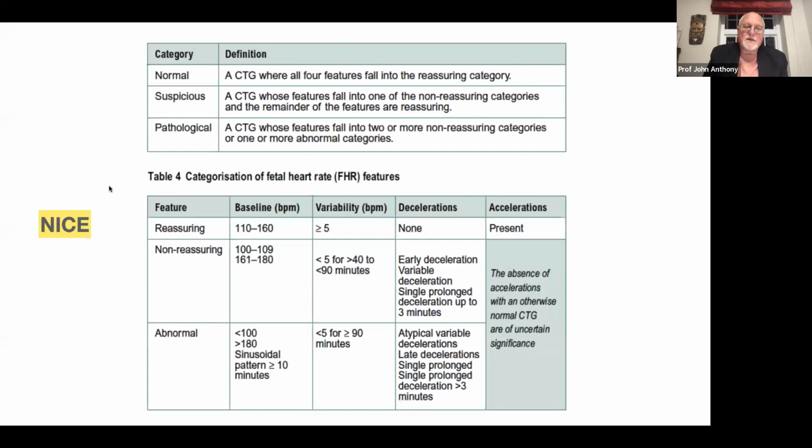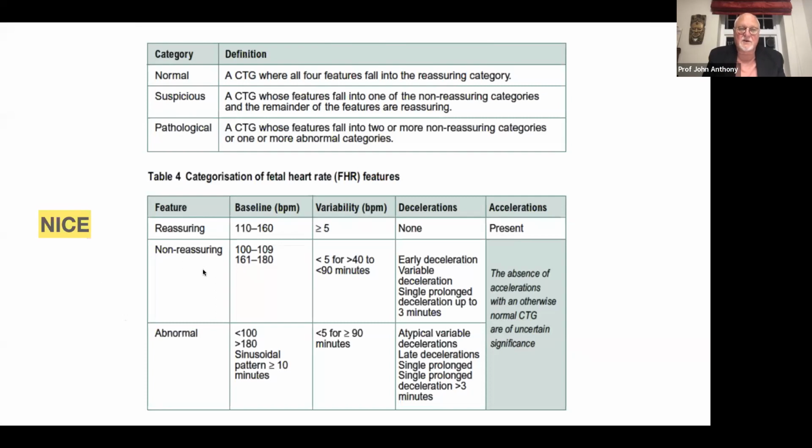Now, the second part of this table says, what are you looking at? You're looking at the baseline, the variability, the decelerations and the accelerations. Each of these features may be reassuring, or non-reassuring, or abnormal. There's a lot of loose talk that you will hear, people saying it's a non-reassuring tracing. That kind of language doesn't really help anybody because it has no reference to the actual categorization.